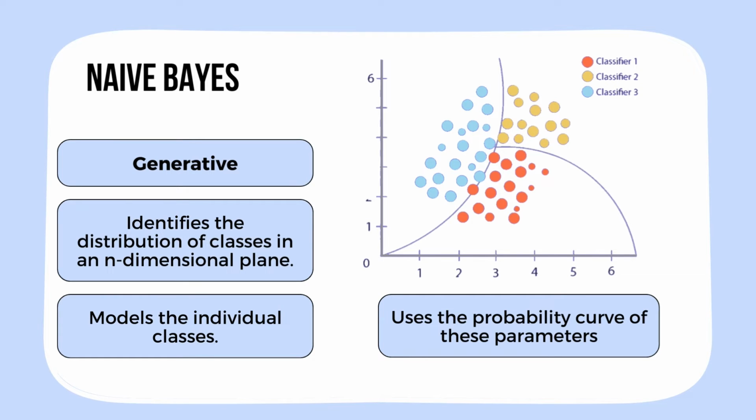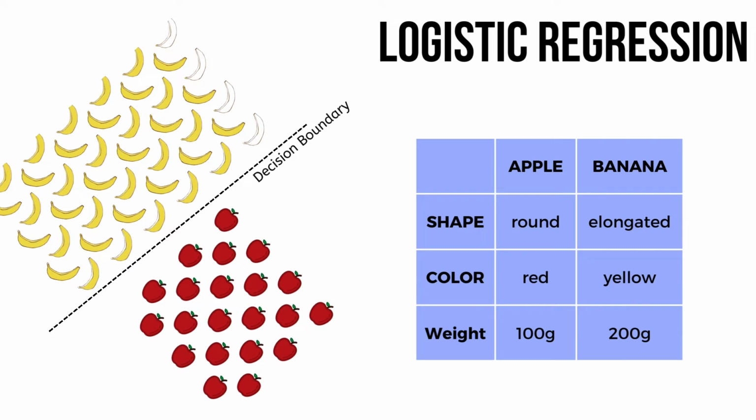Now, let's go deeper and understand how these algorithms use these strategies to classify new data. With the logistic regression model, we're dealing with features like color, length, and weight of the fruits. The model uses these features to learn patterns and make decisions. For example, it could learn that if a fruit has a yellow color and is longer than 5 inches, there's a high chance it's a banana.